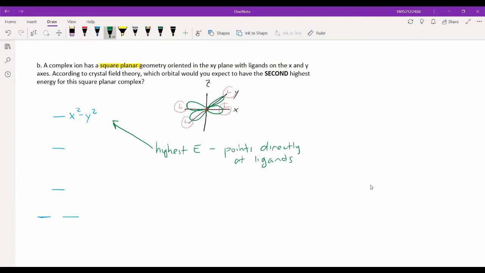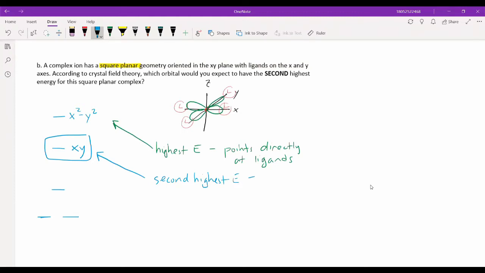Okay, so the next one, next highest, I should say, is going to be the xy. That's the one we're looking for here. So second highest energy.